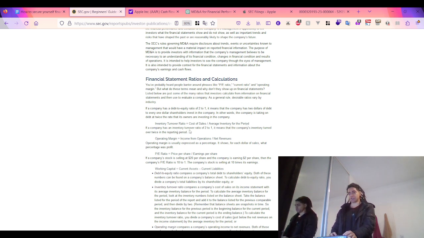If a company has an inventory turnover ratio of 2 to 1, it means the company's inventory turned over twice in the reporting period.